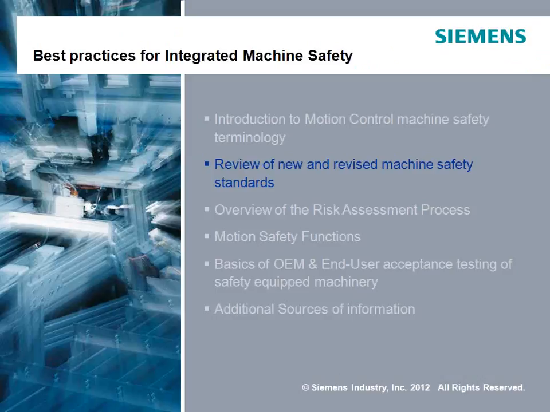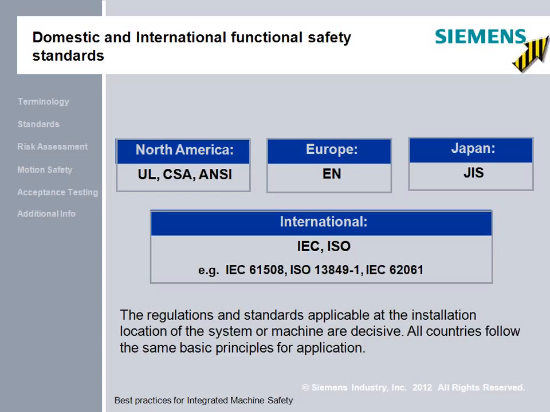Let's take a quick look at some of the new and revised machinery safety standards. Depending where you are in the world, and if you're a machine tool builder or an end user, if you export machines or import machines, you may run into a number of standards and regulations and jurisdictions that are not harmonized, or in other words, the regulations, the requirements, the common practices don't match up.